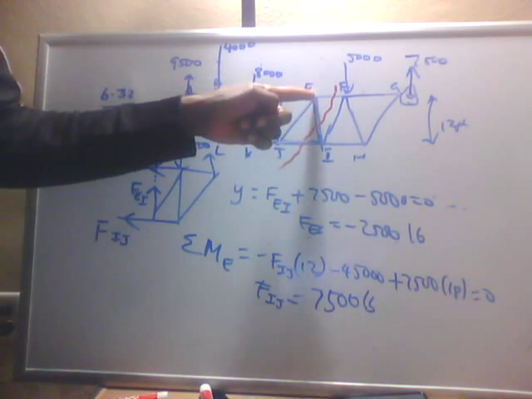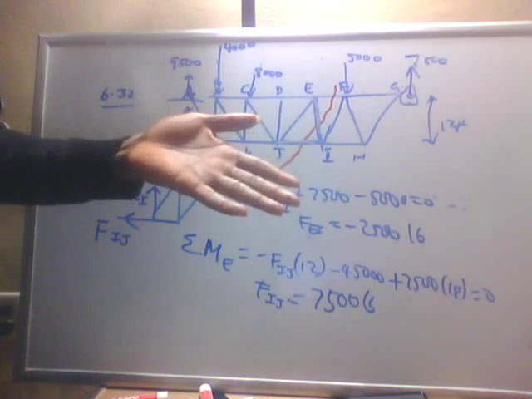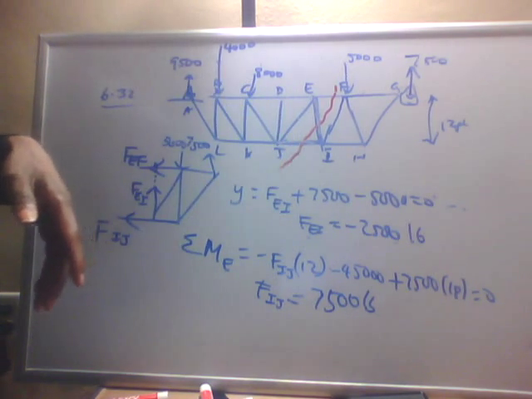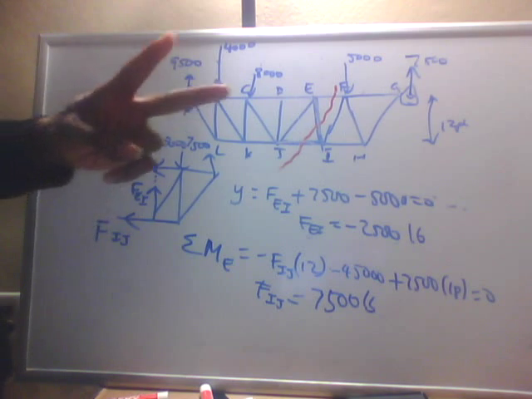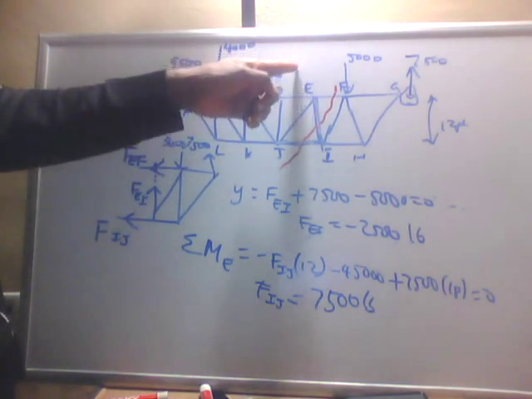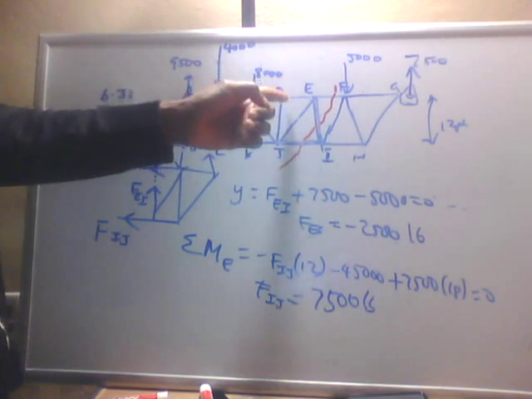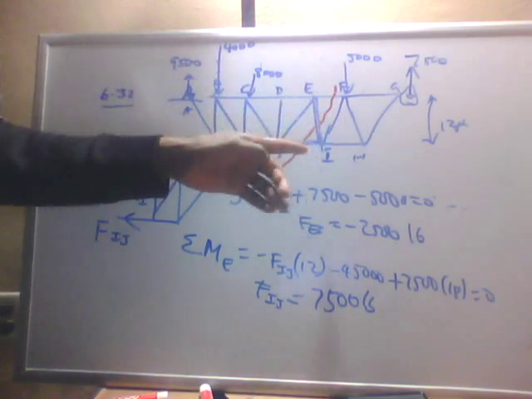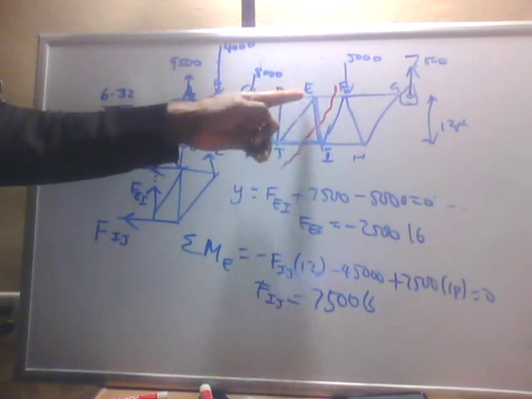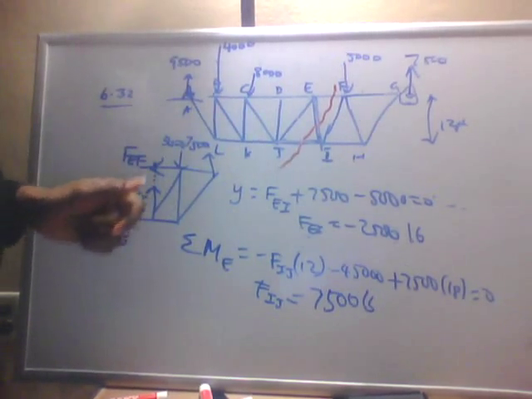So I can apply method of joints at joint E to get those two unknowns. In a situation like that, you're combining two methods. You could have just sliced through this instead. But if I had you determine this member, this member, this member, there's no one section that works. You have to combine methods.